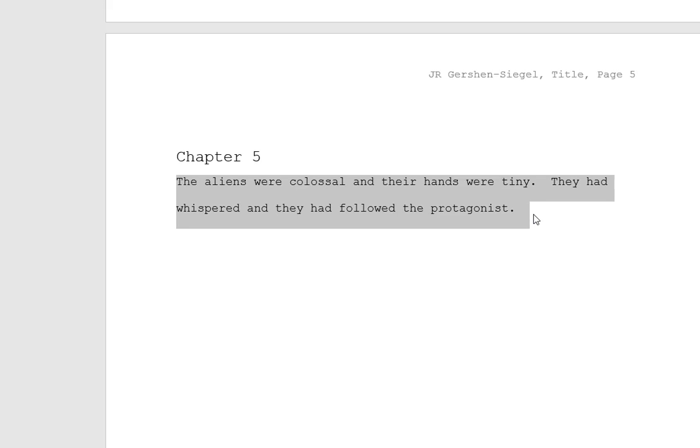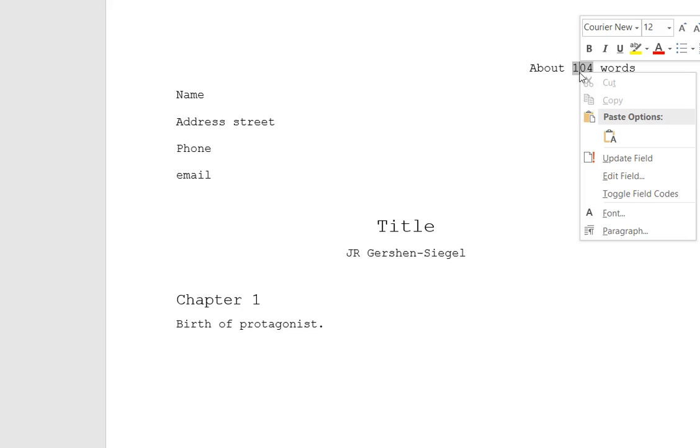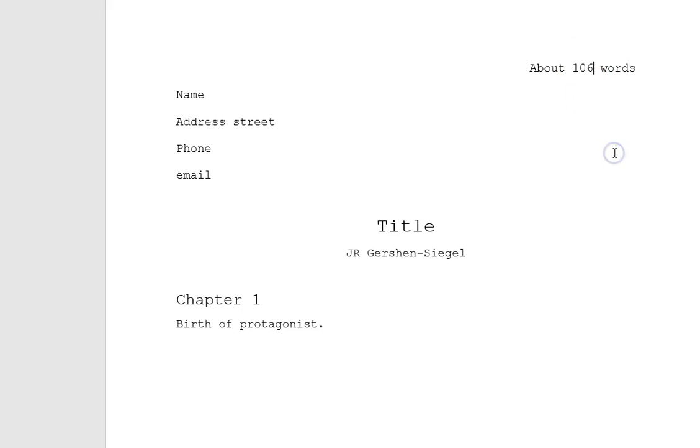What else can I say? I think I'm done. So this is basically what I do for myself, for readers, and for publishing. And by the way, let's update this. So we're going to right click it, hit update field. Hey, we've got actually a slight increase in the number of words when we got right down to it.